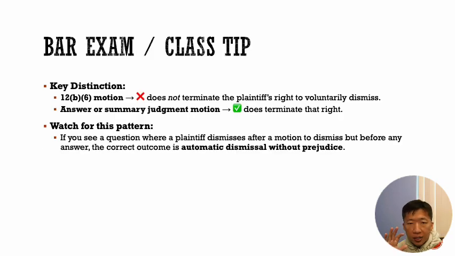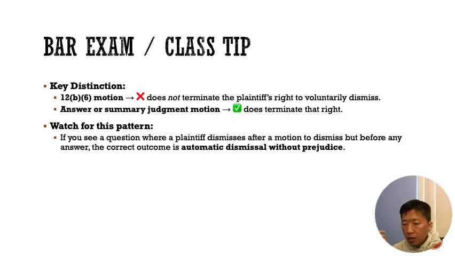So, the bar exam and class tip. When we're doing bar exam questions, how do we apply the rules here? The first one is that a 12(b)(6) motion does not terminate the plaintiff's right to voluntarily dismiss. So when we see the hypo, we're going to see if the defendant files a 12(b)(6) motion to dismiss, and then the plaintiff files a notice to dismiss, who is going to prevail?